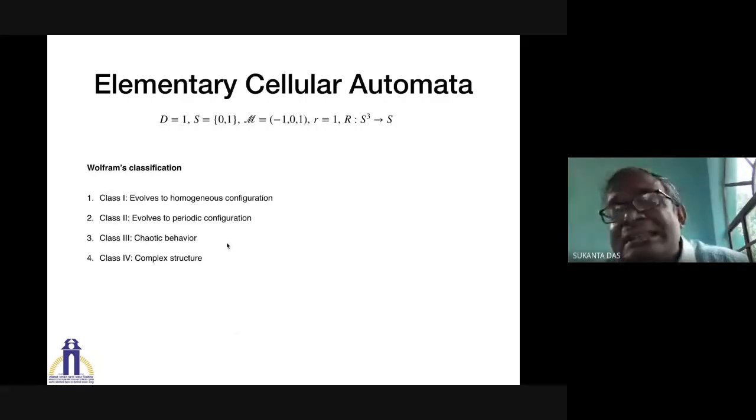These are the reasons why ECA are so popular. They are very simple and easy to implement, and still they show these properties. Some people argue, if ECA can do all these things, including universal computation, why should you look at other complicated cellular automata?